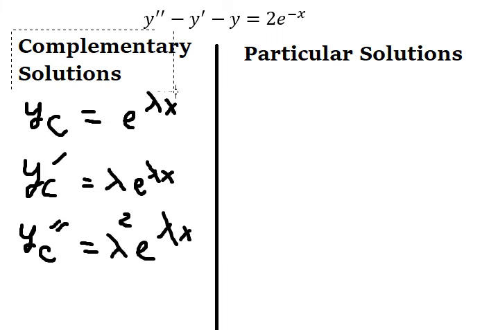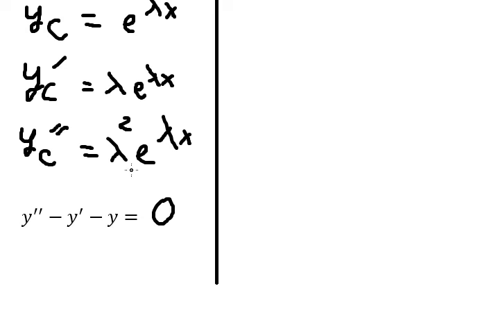Because this is about complementary solutions, I will put this equal to 0. So I will put this one in here, this one in here, and this one in here.